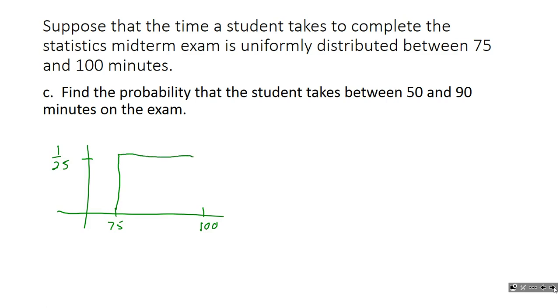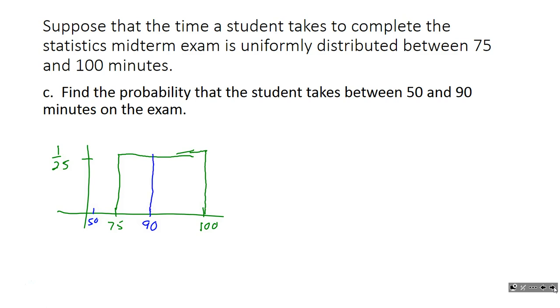We want to find the correct region within this rectangle and compute its area. You might think that's kind of a trick question, because 50 would be over here, outside, and 90 would be within the rectangle. What are we talking about then?